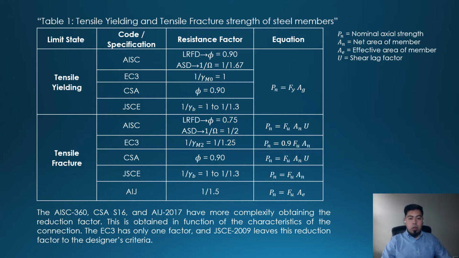For tensile yielding, we have the same equations for the specifications studied. And for tensile fracture, we have an equation per specification. This is because each specification provides different factors, different reduction factors, to calculate the nominal axial strength.